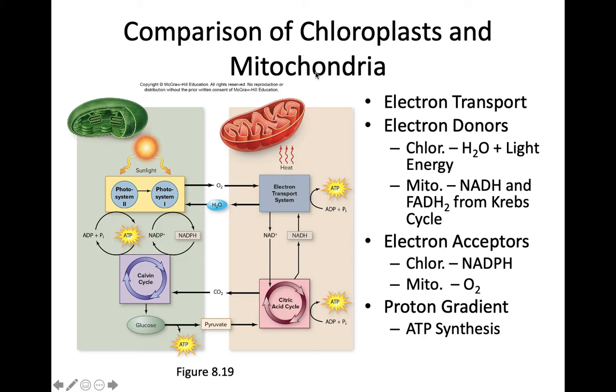So let's do a little comparison between chloroplasts and mitochondria because they have really similar processes, and I think it's a really great way to understand what's going on with chloroplasts and how it's making energy.